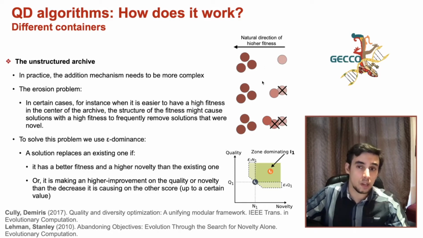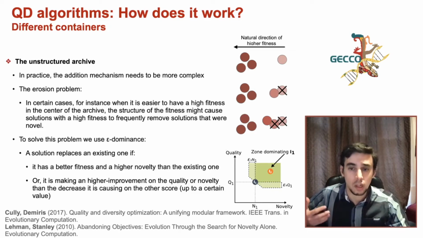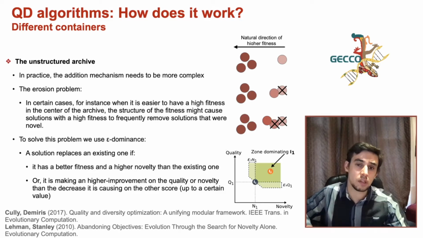It will be very likely to have a solution here with a better fitness that will remove the solutions that are further from the rest of the archive, and that can continue until reaching here, creating continuity in the solutions contained in the archive. Of course, the quality diversity algorithm will have an opportunity to fill this region back, but this will naturally slow down the coverage and the exploration process of the quality diversity algorithm.